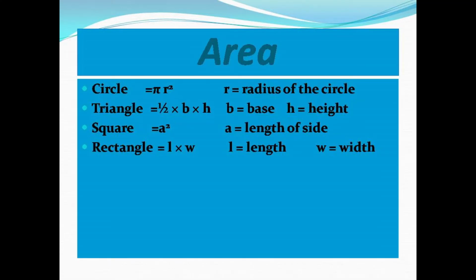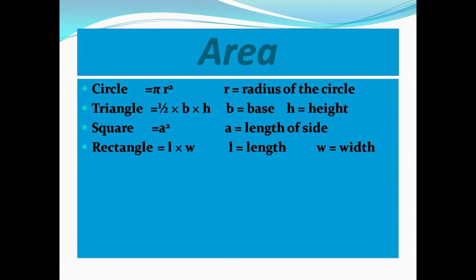The area of a surface is the region enclosed within the boundaries of a two-dimensional figure. Now we have different figures, regular or irregular, could be triangle, rectangle, square, or circle, and by applying different formulas we can calculate the area of these figures.